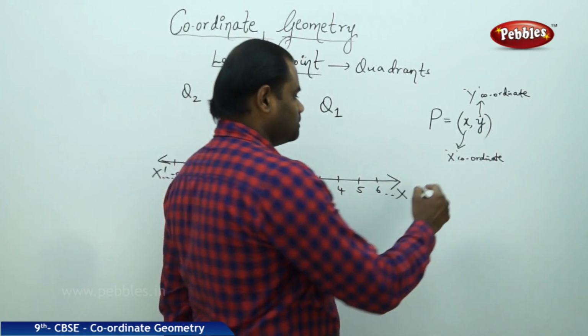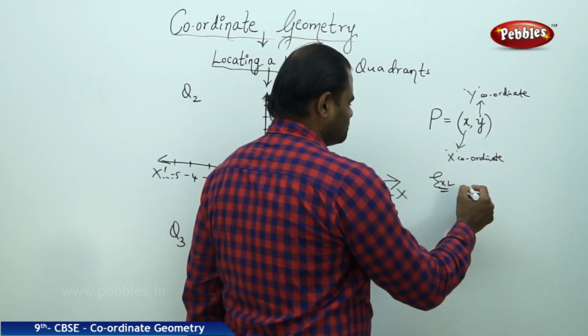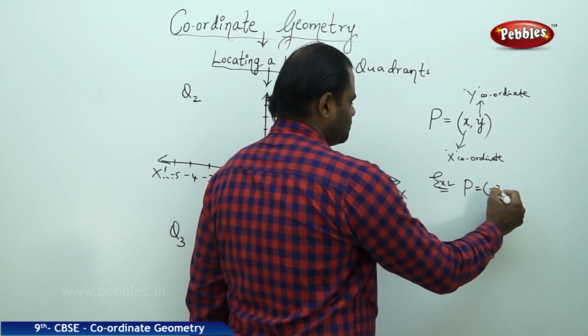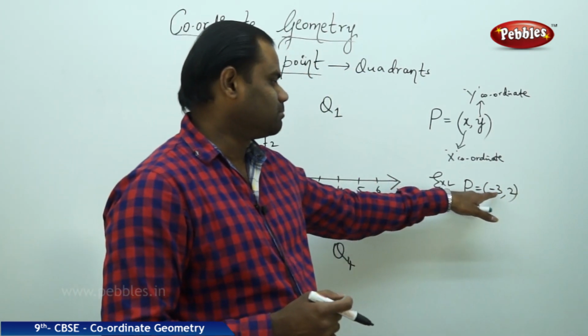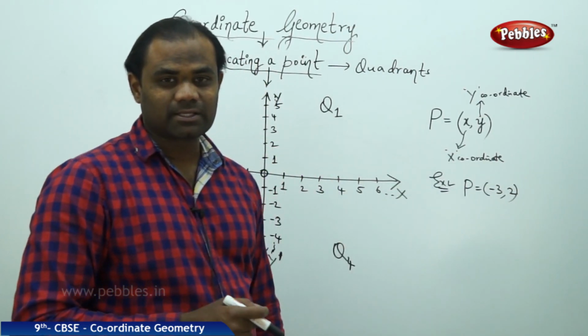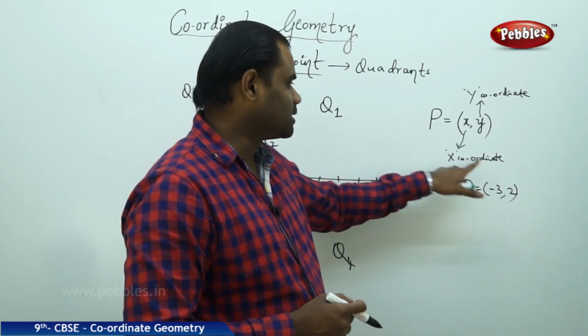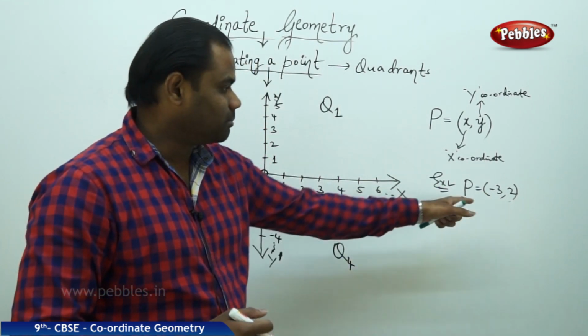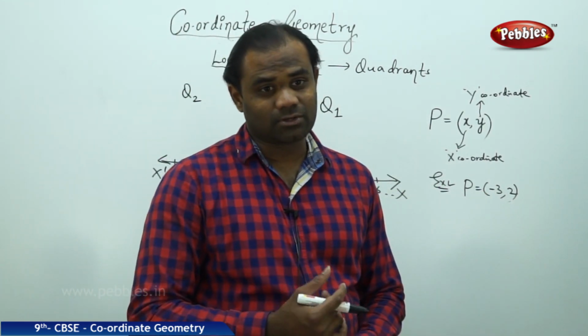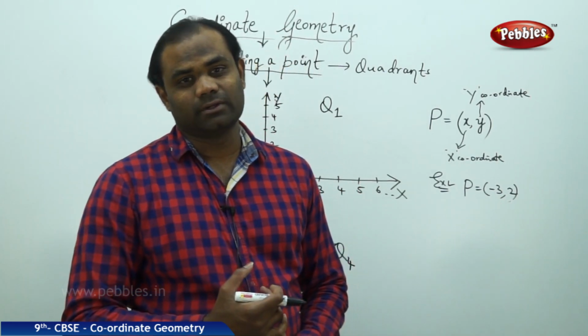So for example, I have the point as minus 3, 2. For example, I take P as minus 3, 2, then this clearly indicates that this is the x coordinate and this is the y coordinate. So in this example problem, minus 3 is the x coordinate and 2 is the y coordinate.